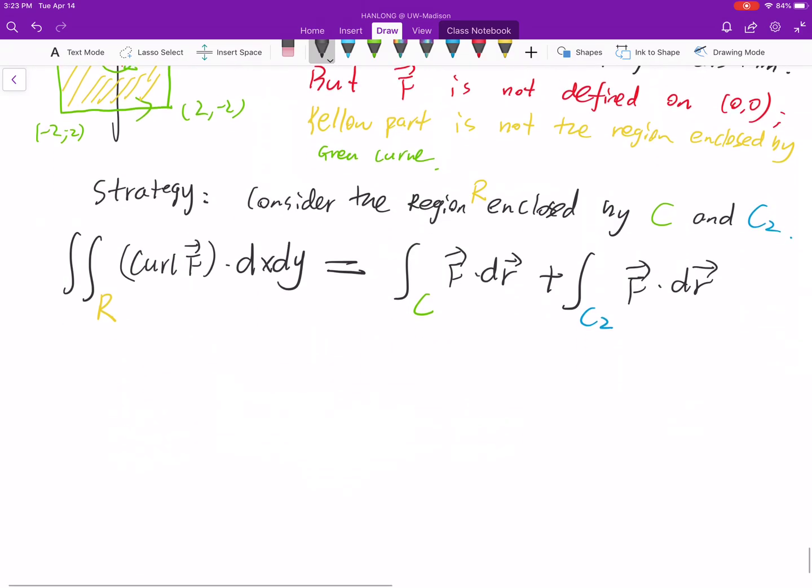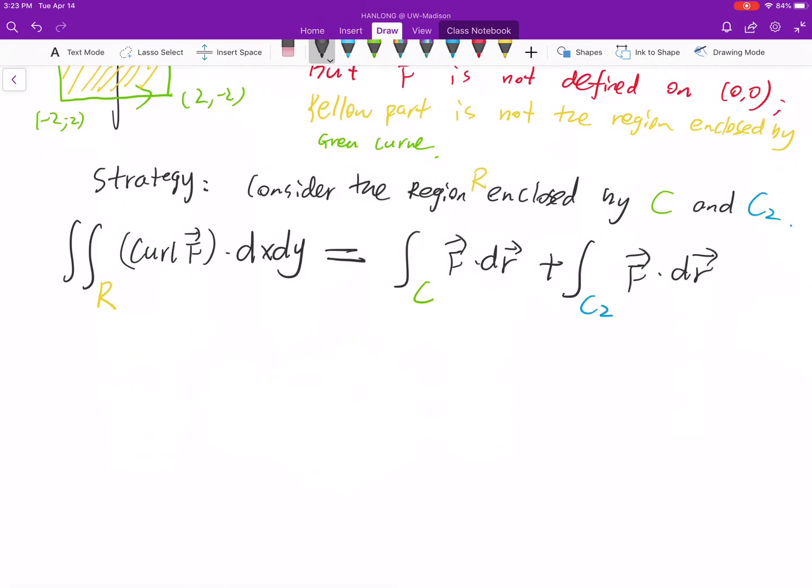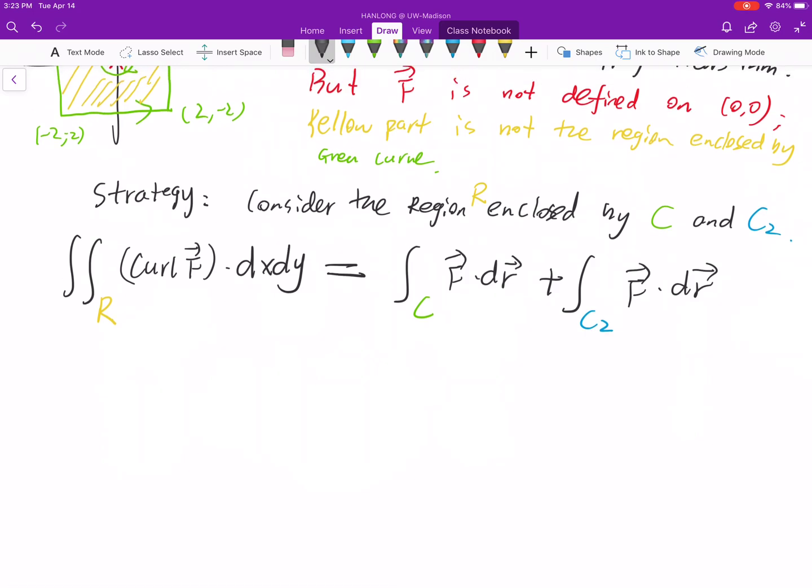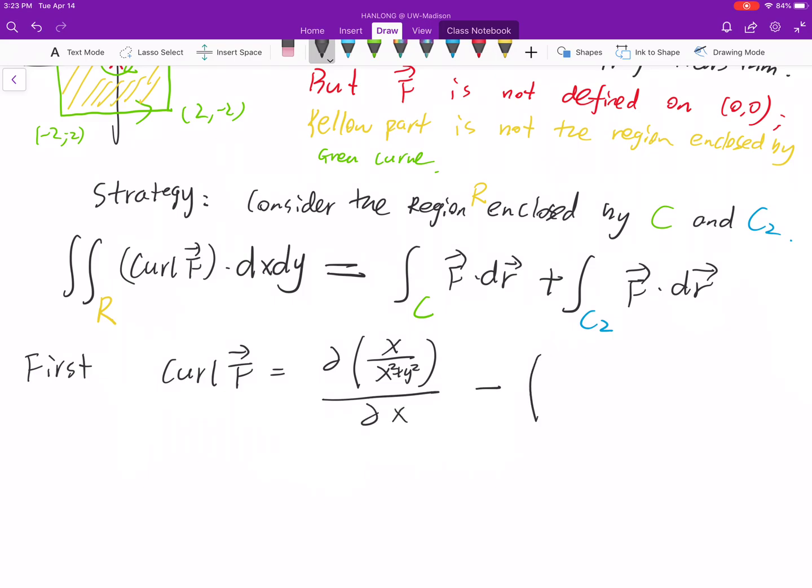Okay, so now let's figure out each term. So first, let's compute curl f. So what is curl f? So it's partial x of x over x squared plus y squared minus partial y of negative y over x squared plus y squared.